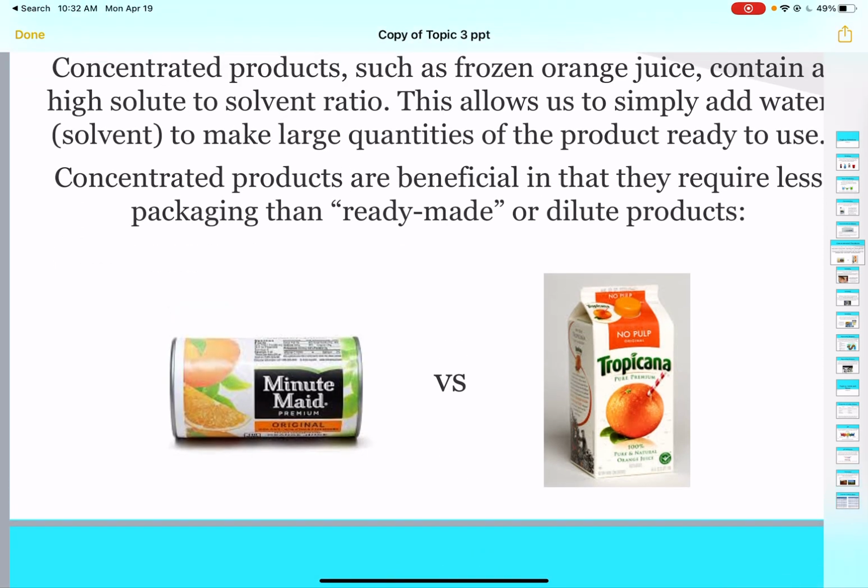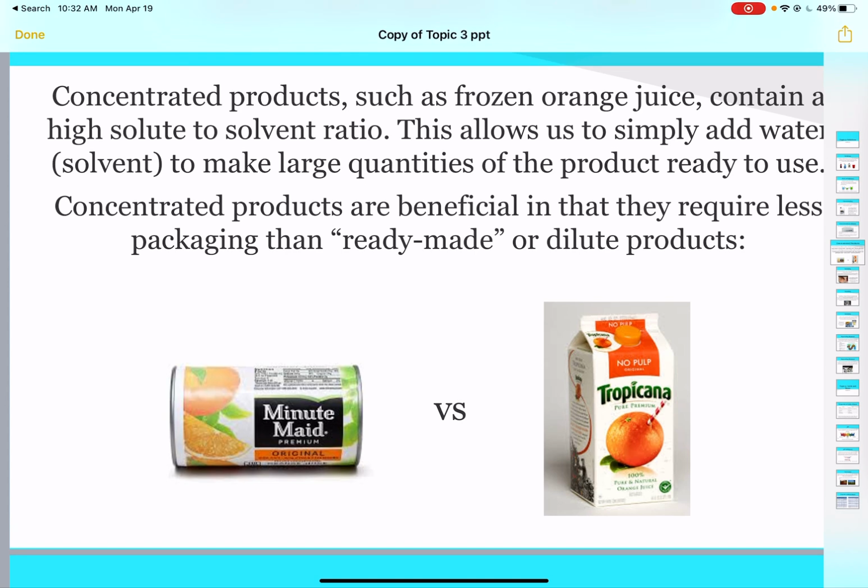Okay, so concentrated, like you see that orange juice on the left versus the right. Basically the stuff on the left just needs water added to it, whereas on the right it already has the water added to it. If we're talking about companies, it's cheaper for them to ship something that's smaller, right?